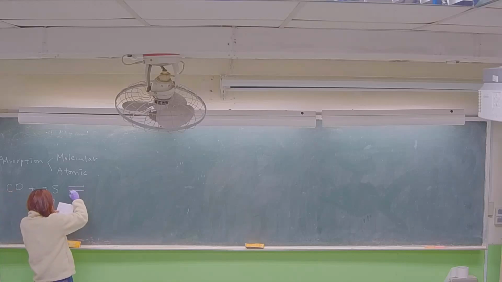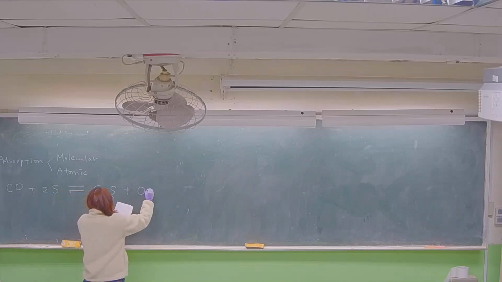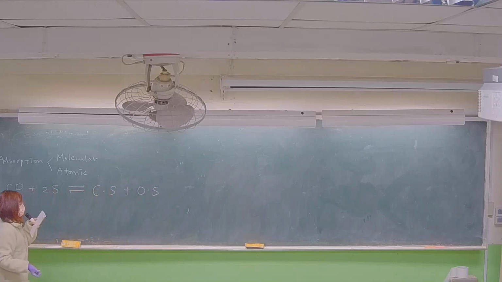The carbon and the oxygen will adsorb on active sites separately. There are some requirements for this one. The first one is that there should be two active sites, right? And these two active sites should be adjacent.